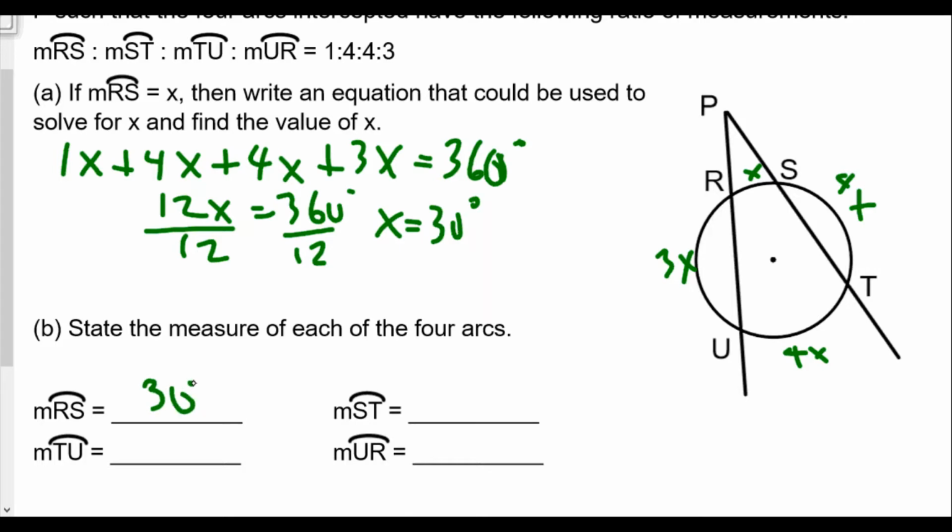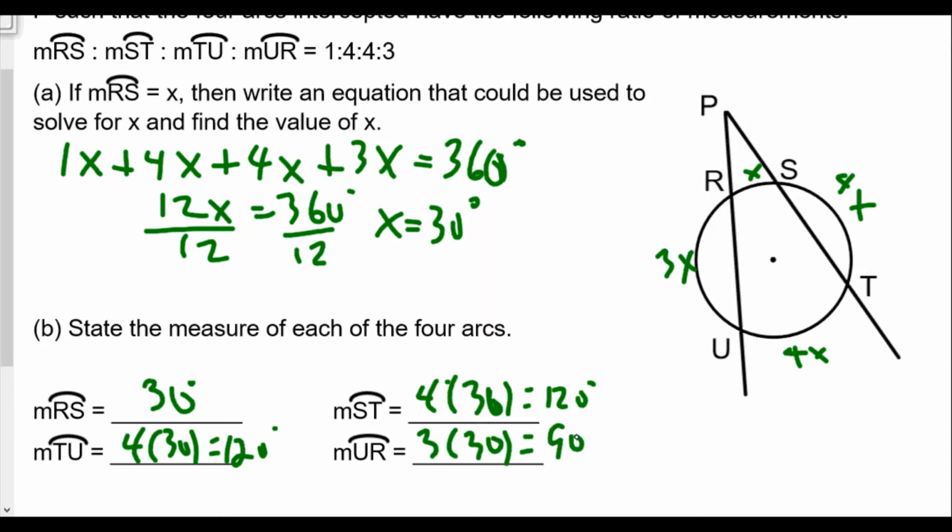The measure of ST was 4 times 30, which is 120 degrees. The measure of TU is the same way, 4 times 30, also 120 degrees. And the measure of UR is going to be 3 times 30, or 90 degrees.